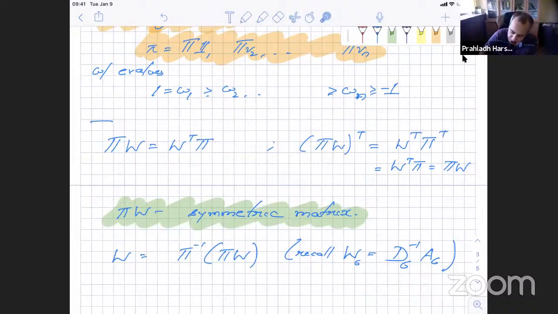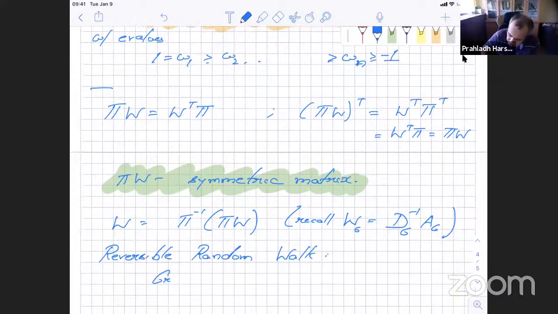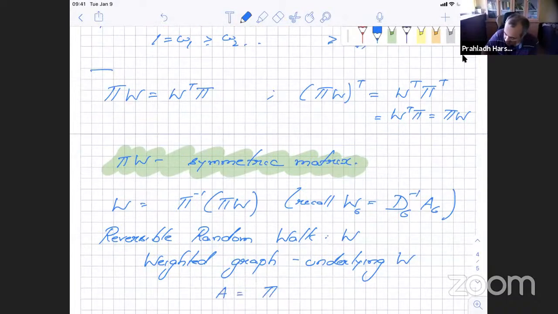So what I'm claiming is, give me a reversible random walk, and underlying it there is a weighted graph, underlying this walk W, where the weights are exactly given by pi W. The only difference between this adjacency matrix and the other adjacency matrix is that the sum of the degrees is normalized to 1.